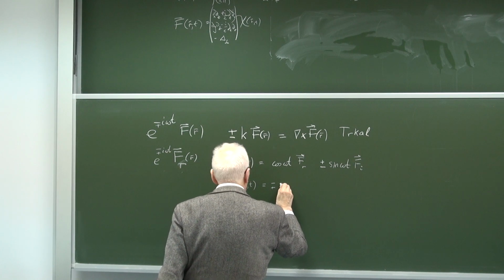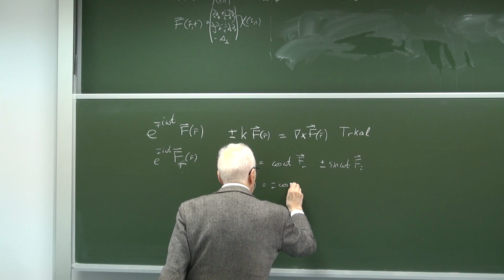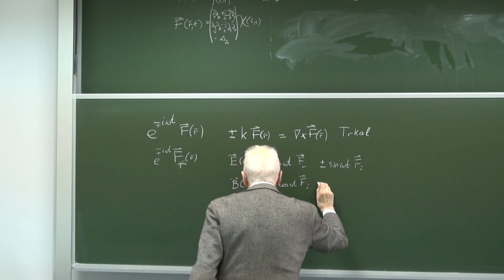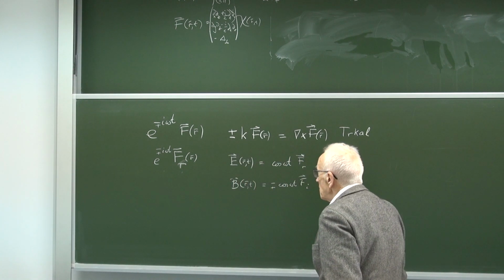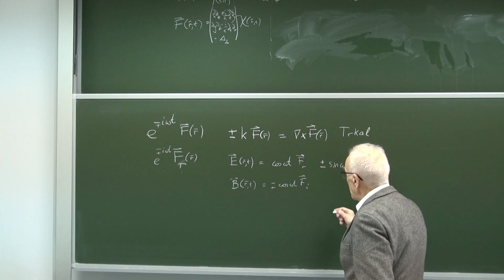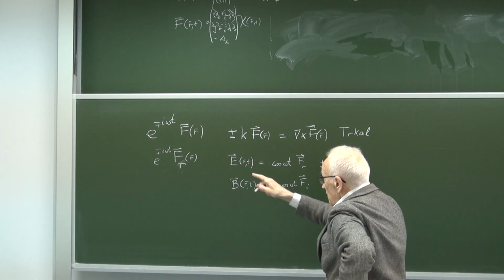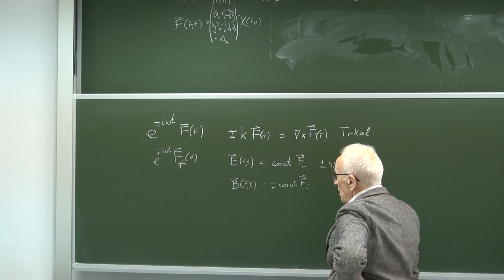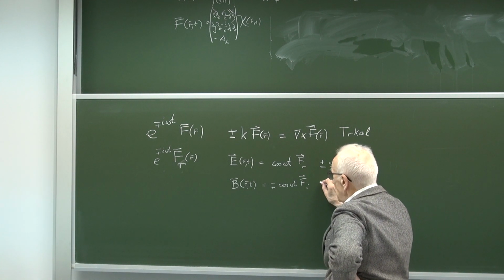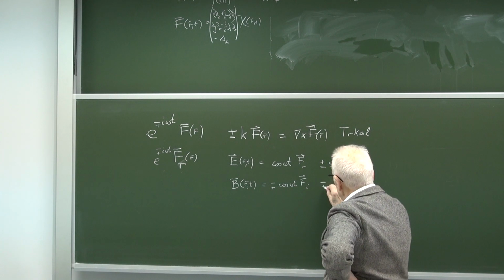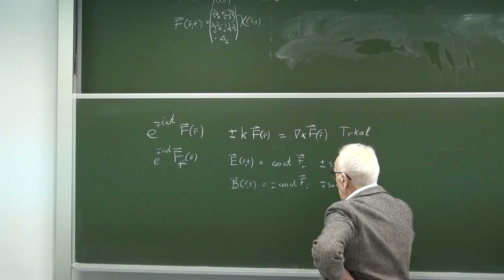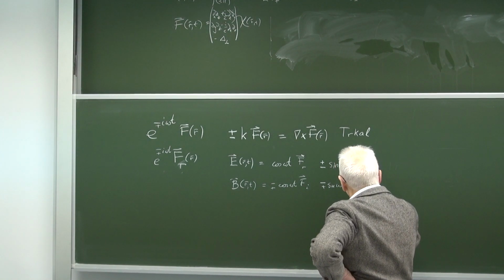Now I'm taking cosine omega t and the imaginary part. And here the imaginary part of this also has the term minus plus sine omega t and the real part.